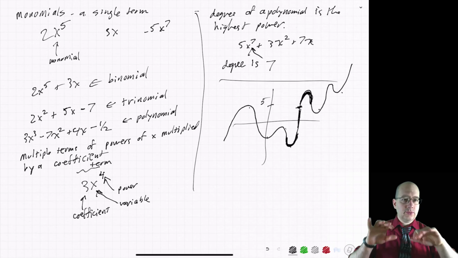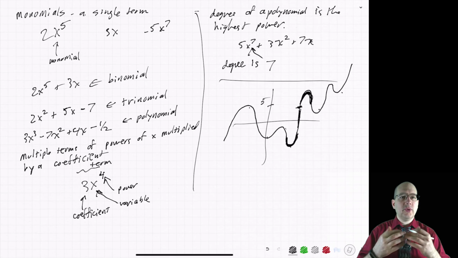And so that's a way of representing something in the real world. It's got ups and downs, so a polynomial is a reasonable thing to model that with.